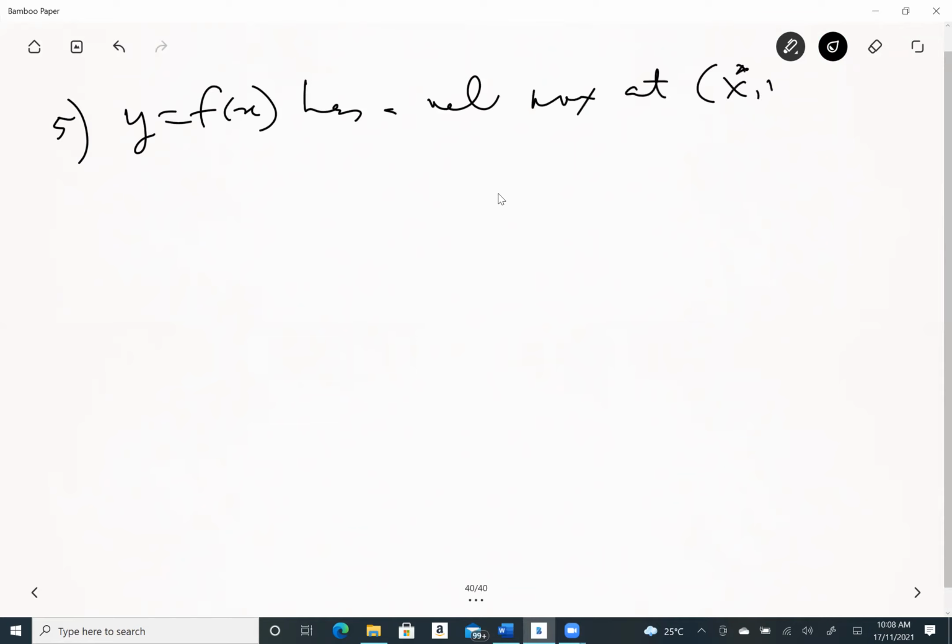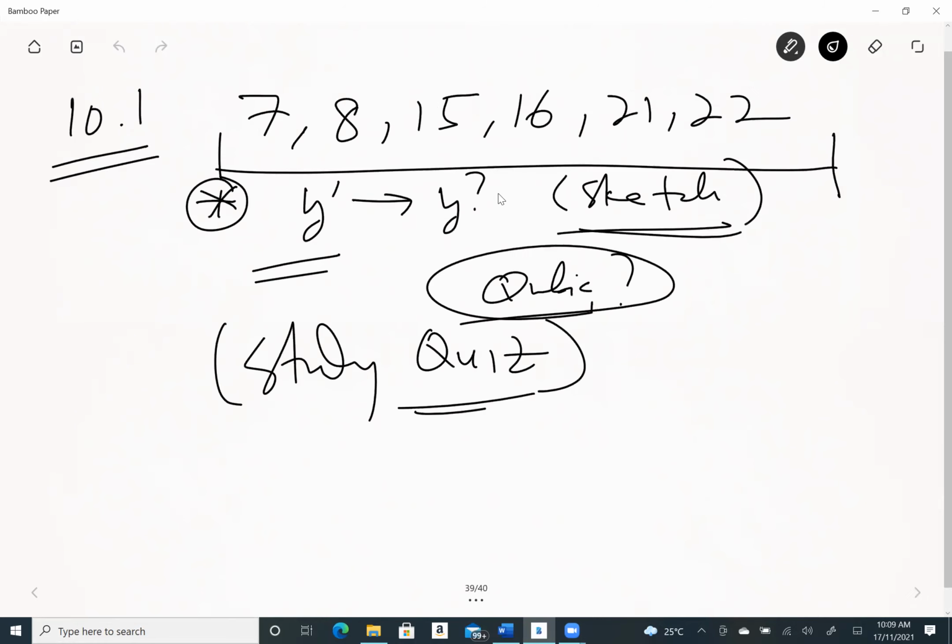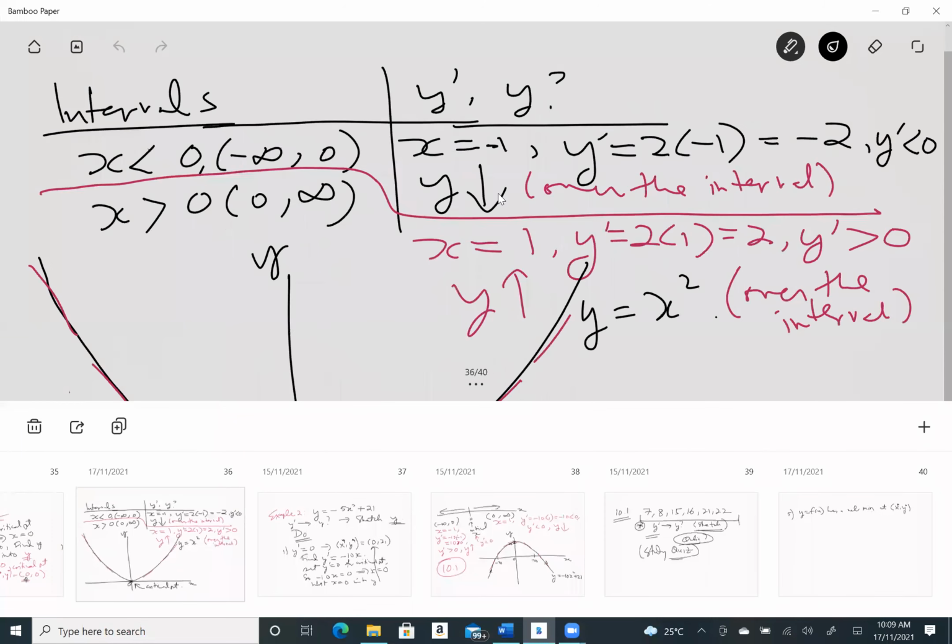We can say that the function y equal to f of x has a relative maximum at the critical point x star, y star, if what? Or I'm sorry, we started with a minimum, so it should be minimum. If it is a minimum, then what can you say about the function?